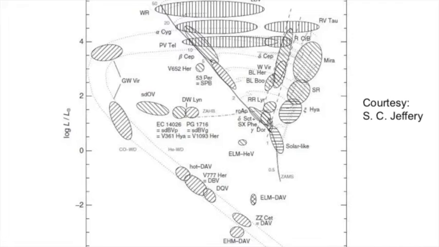We have the long period Mira variables. We have the cooling strip for white dwarfs, white dwarf variables. We have main sequence variables, all kinds of variable stars.